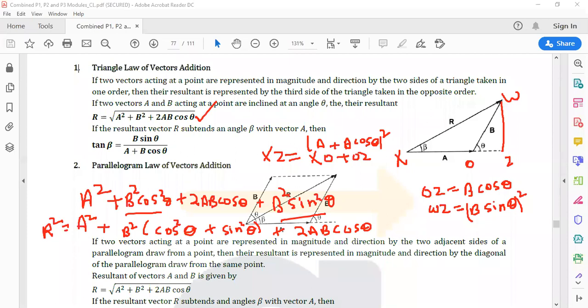Raise your hand if everyone got the derivation. We have already completed the derivation in the last class, but I revised it for you.